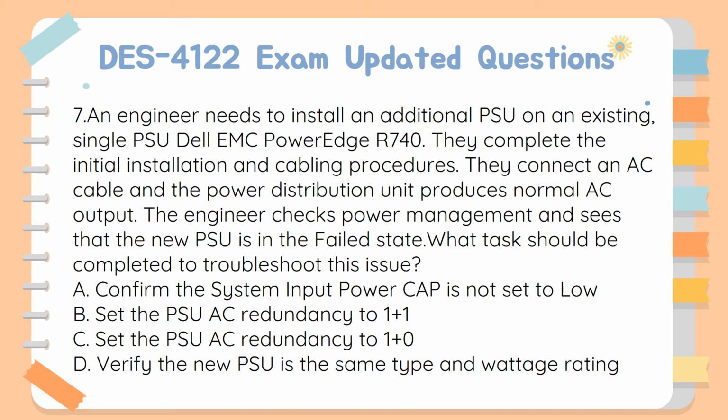What task should be completed to troubleshoot this issue? A. Confirm the system input power cap is not set to low. B. Set the PSU AC redundancy to 1+1. C. Set the PSU AC redundancy to 1+0. D. Verify the new PSU is the same type and wattage rating.